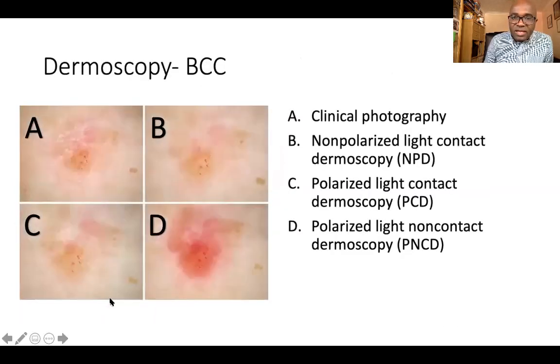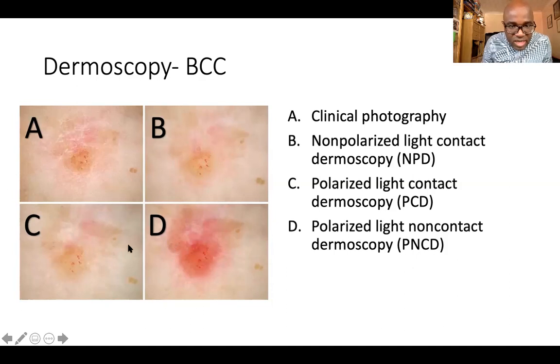Again, another similar one is a BCC here. This is a clinical image of a superficial BCC, and B is non-polarized light here, and C is polarized light. There are these kind of crystalline structures here, which are visible in BCC with polarized contact dermoscopy, but they are not visible when you compress.